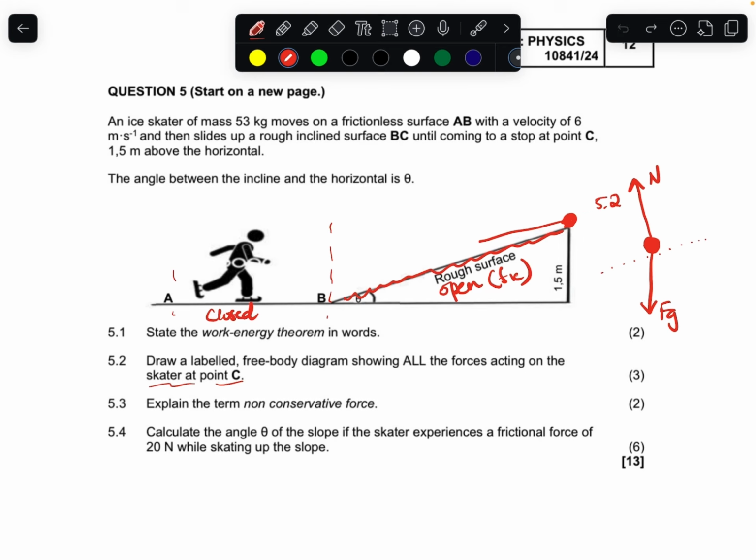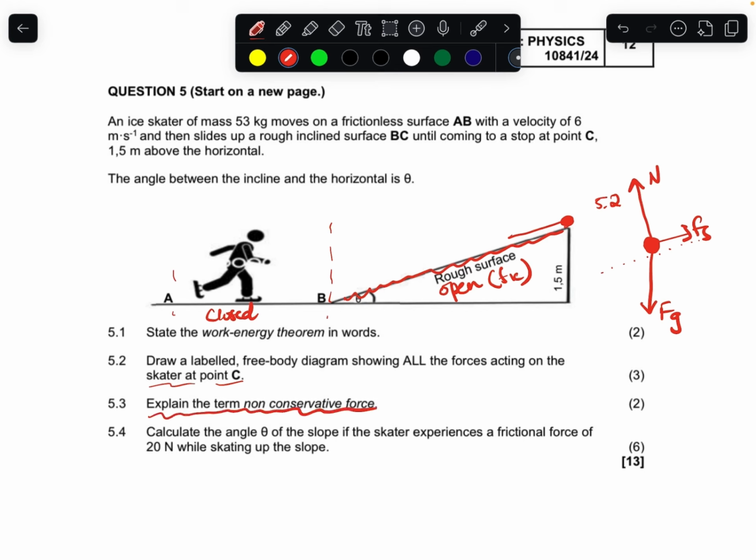They told us it's at a standstill there, so it's pulled by the gravitational force, but there will be a frictional force upwards. Very important to understand that. I hope it makes sense. So we have a frictional force, Fs, and the Fg there.